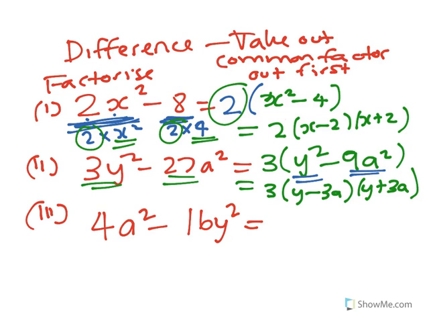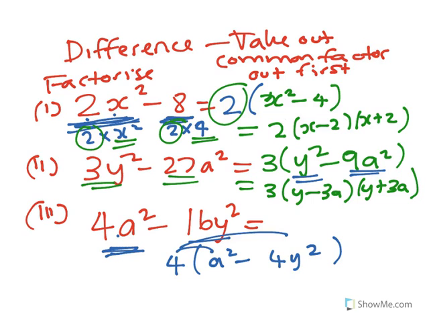Alright, looking at the next one, common factor would be 4. And even though it's a square number, you still have to take it out, because otherwise you'll be leaving a factor in there. 4 times a is 4a squared, 4 4s are 16. Then you take the 4 out and you go a minus 2y, a plus 2y.